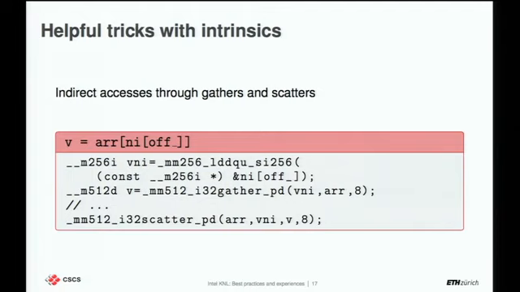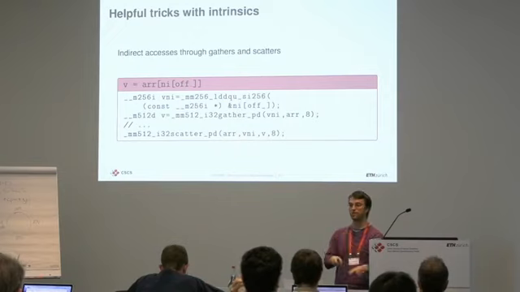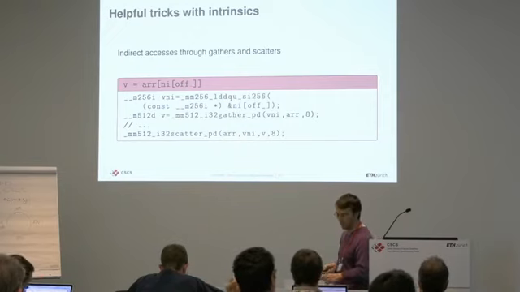There are places where you have a single gather and then multiple scatters. But this is not always the case, because it can only work if you know that, for example, here we wanted to accumulate some values on the V, but if your indices alias, then you have a problem. You can't just do a reduction operation and a scatter. Then you have to go through the vector elements and accumulate manually.